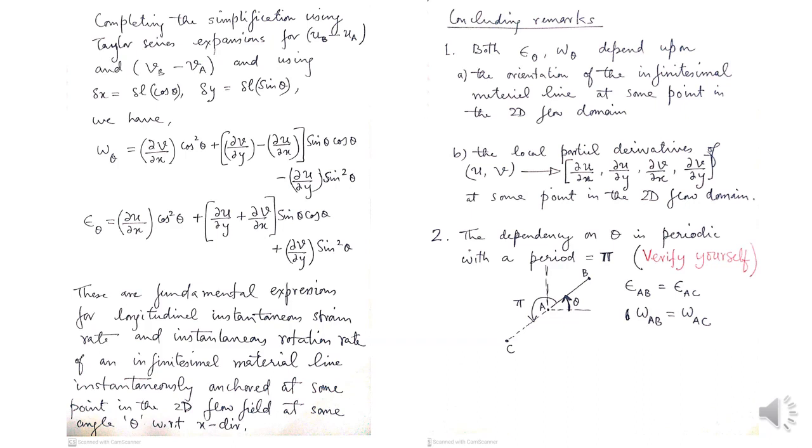So we will get the final expressions in a rather interesting form. Omega theta, as you can see, is a 3-term expression which involves all the 4 partial derivatives: del u del x, del u del y, del v del x, del v del y, and trigonometric ratio expressions: cos square theta, sin theta cos theta, and sin square theta.